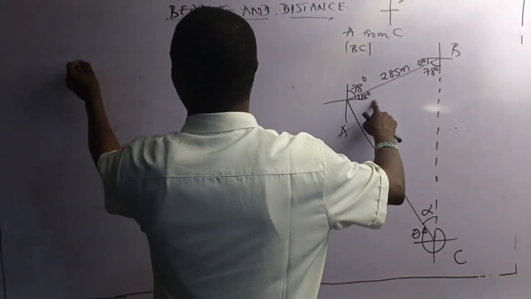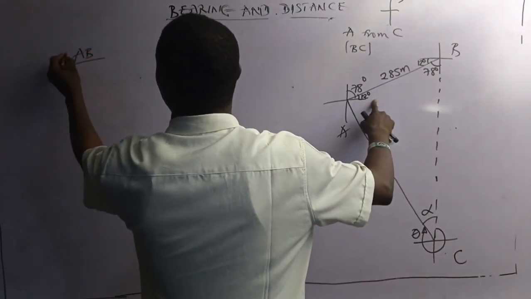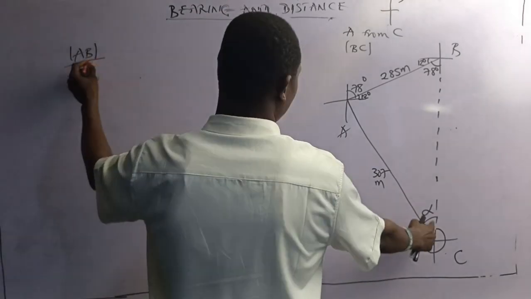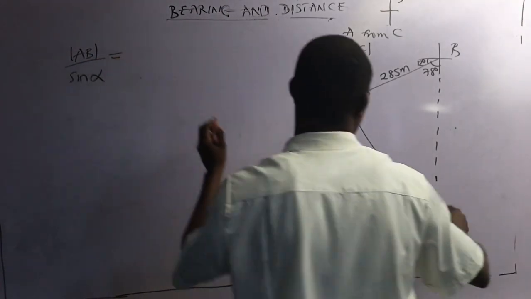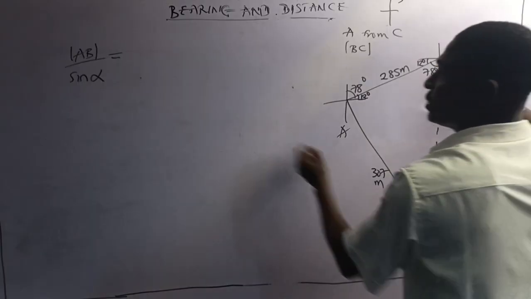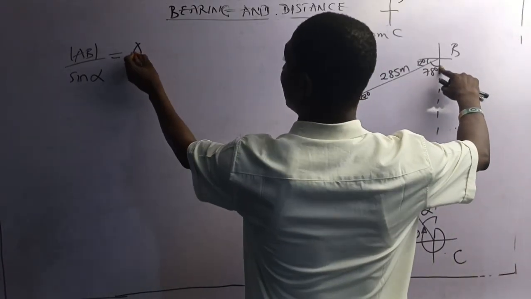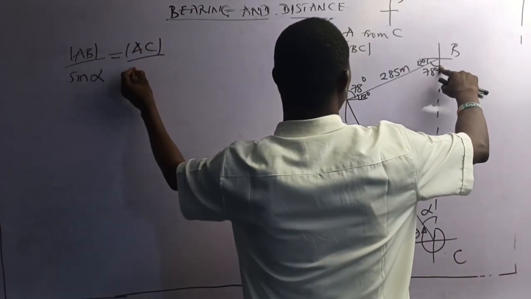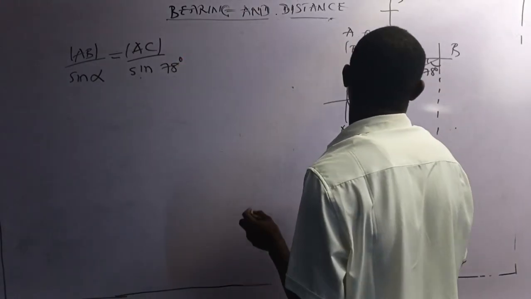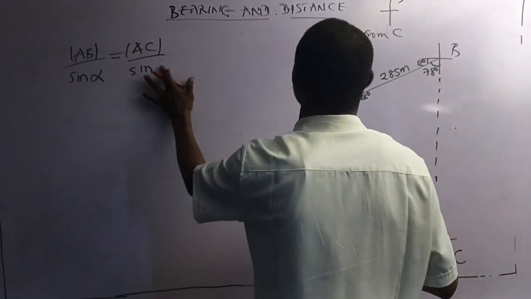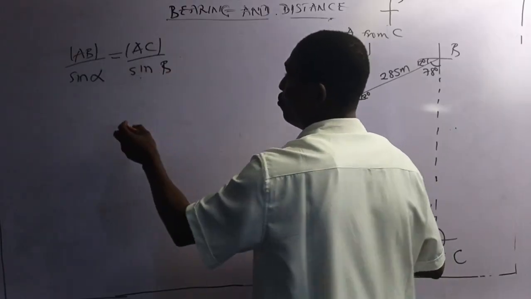You can see that length AB over sine alpha will be equal to length AC over sine 78 degrees. You can decide to say sine C, sine B first, and later you input.